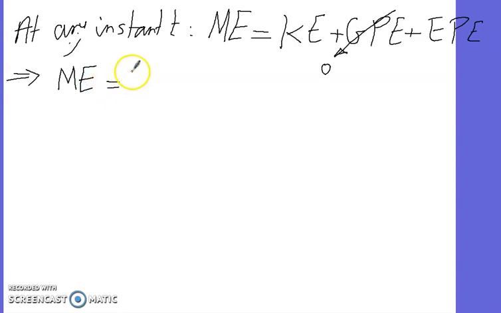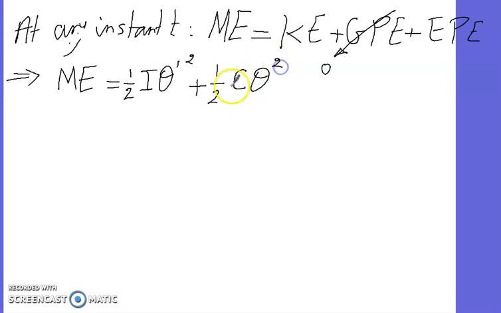So what is its kinetic energy? Yes, it's half I theta prime squared plus, now the elastic potential energy stored in the wire, which is half C theta squared, where C is the stiffness of the wire or constant.